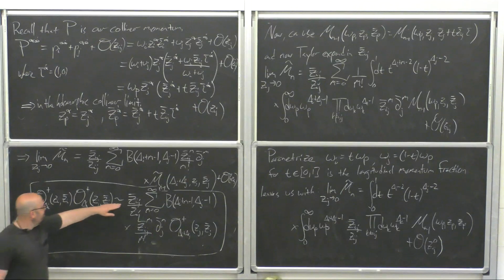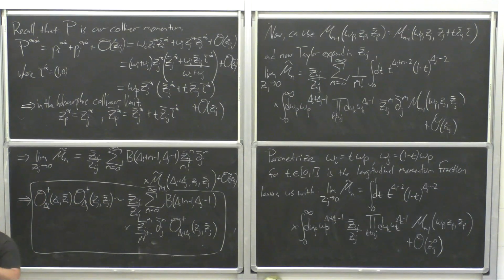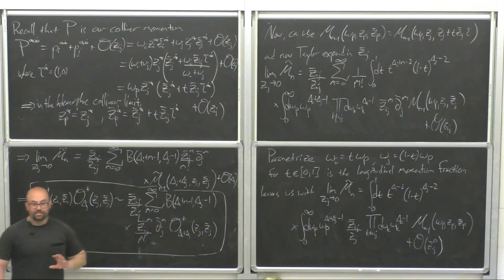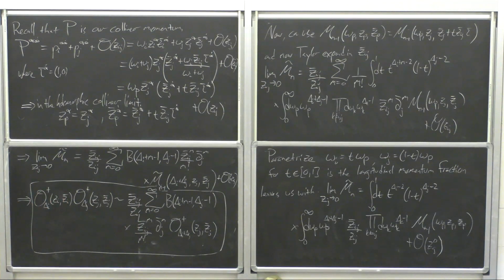Right? z_ij, z bar_ij, these things are points on the celestial sphere. They're also parameters in the null momenta. So if you don't like Mellin amplitudes, you don't like celestial holography, it doesn't matter. This is still an interesting statement about holomorphic collinear limits.